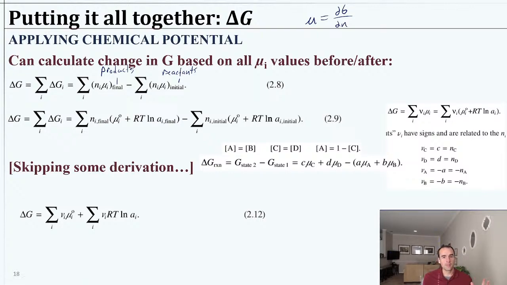So with that, and the fact that we have some definition for the mu, we can insert the thermodynamic definition of mu, which was right here, and expand that a bit and say, oh, okay, now we have delta G in terms of the number of moles, the standard potential, the thermodynamic components, and the concentration. Activity, really, but as we said, that's going to relate closely to concentration. And we do that before and after.